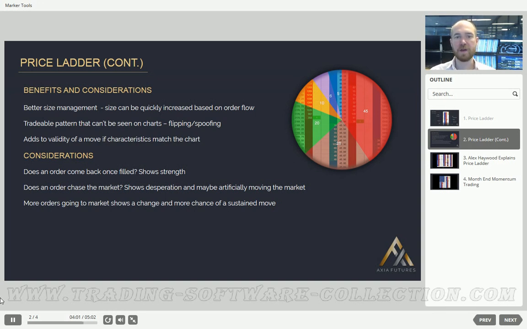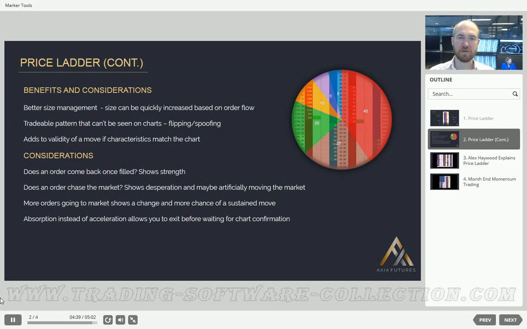And finally, if you see any absorption where you should see acceleration, this again is something to be considering. This, going back to the validity of a level point that I made in the benefits, if you're expecting acceleration and you start seeing actually an absorption where you expect prices to start moving very quickly, what this is telling you is you're not getting the type of pattern that you were expecting from the chart, and gives you the opportunity to get out of the trade before waiting for perhaps a close of a candle to come back, put you offside, and then confirm that you are wrong on the trade.